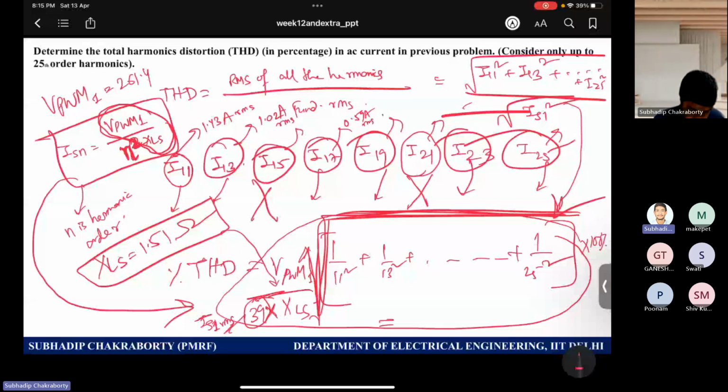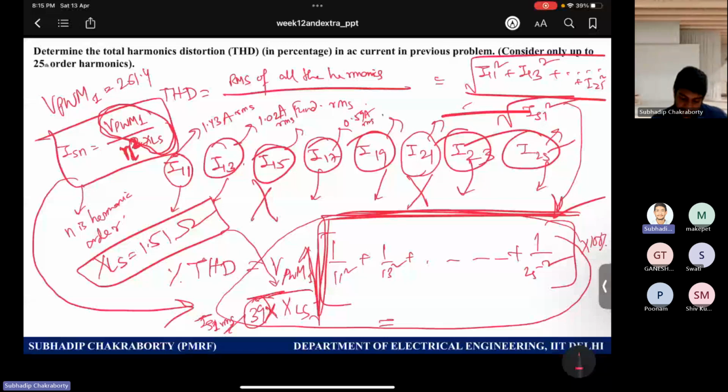1.43 square plus 1.0 square plus 0.9 square plus 0.4 square plus 0.7 square, whole root over.